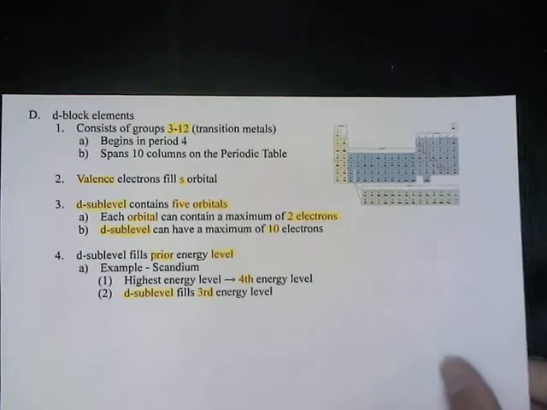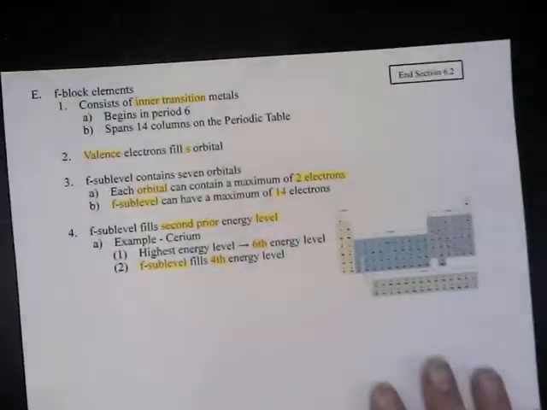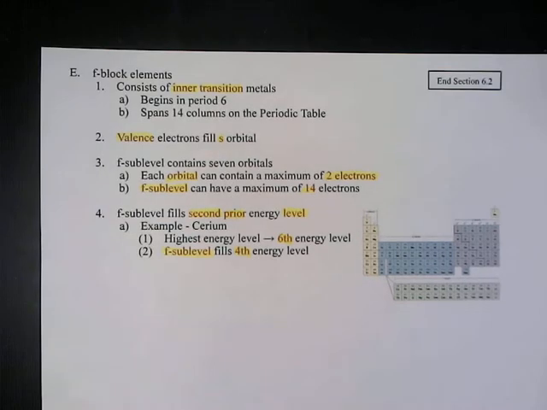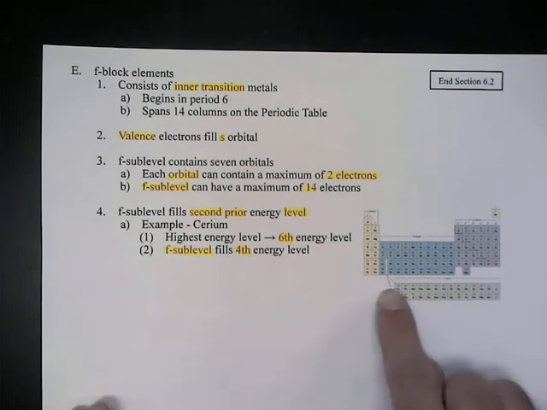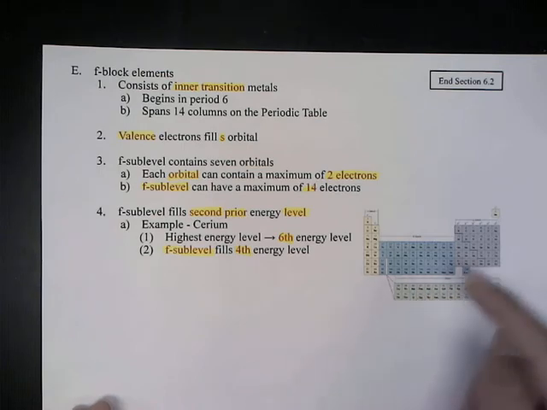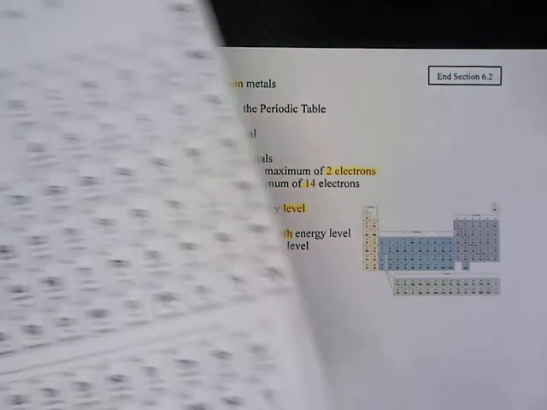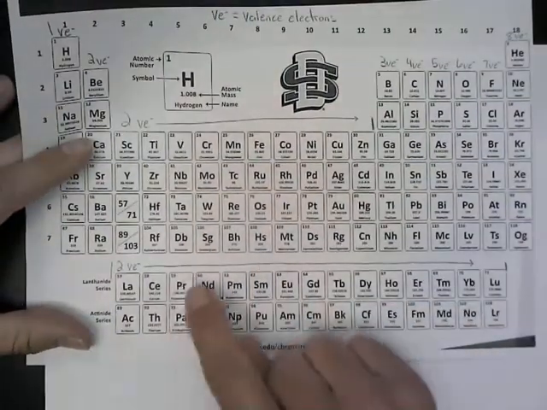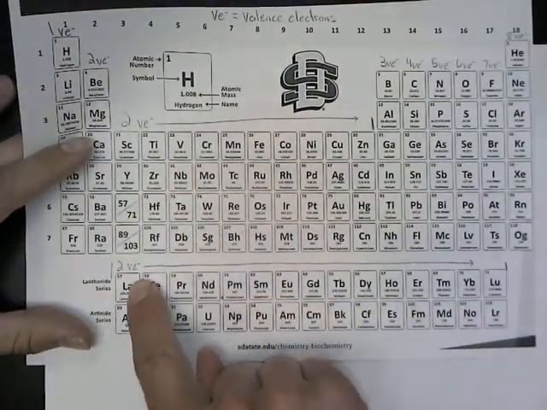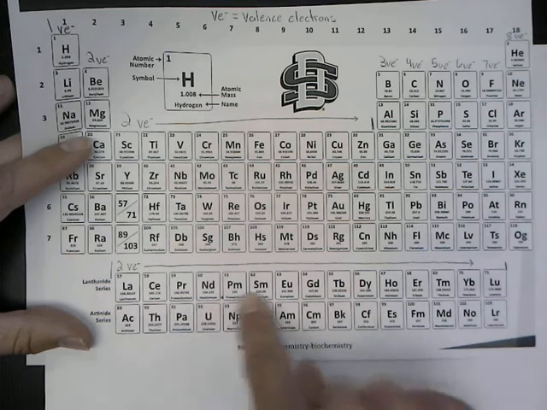All right, so last thing here that we have to talk about is our F block elements. Remember, these are just called the inner transition metals. In this periodic table, they are shown here in green, and they're usually detached and placed at the bottom of the periodic table. Now again, their valence electrons only fill the s orbital. And I know we may have to imagine this, or think about our electron configuration periodic table.